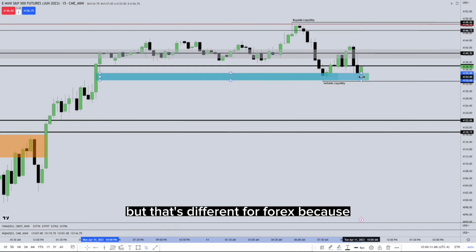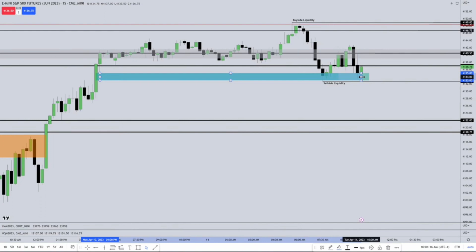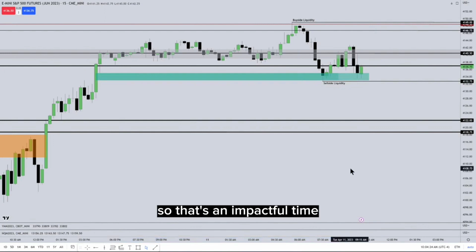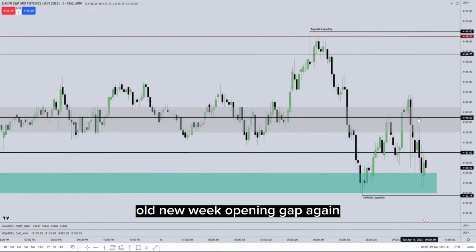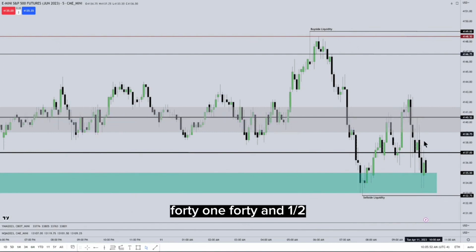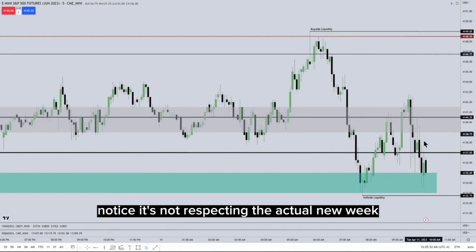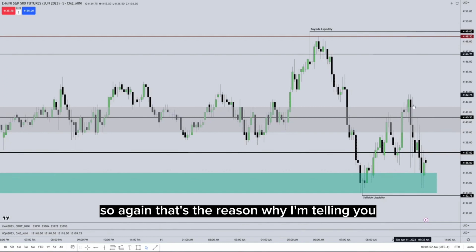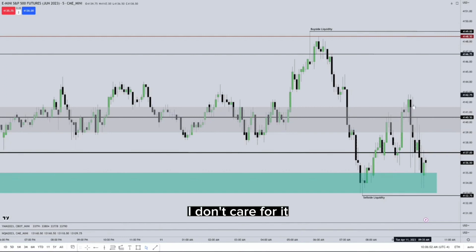But that's different for Forex, because indices open with the opening session in New York at 9:30, so that's an impactful time. The old new week opening gap, again, that 4140 and a half, hit that as resistance. Notice it's not respecting the actual new week opening gap for this week. We traded outside of it.